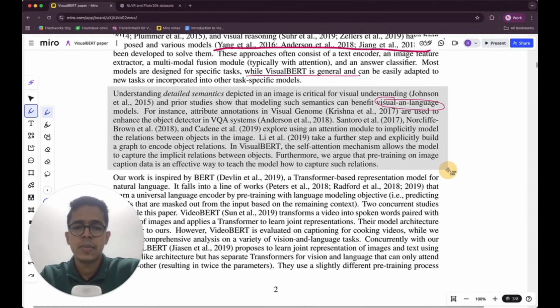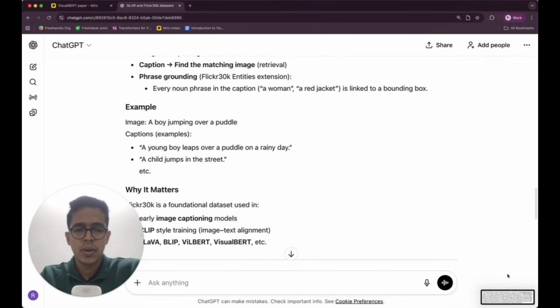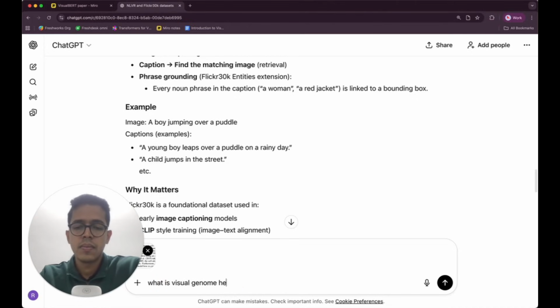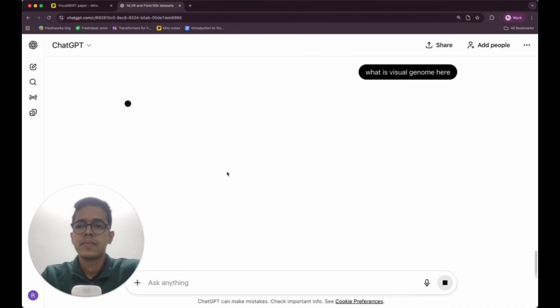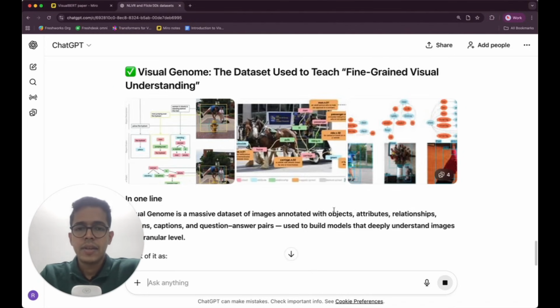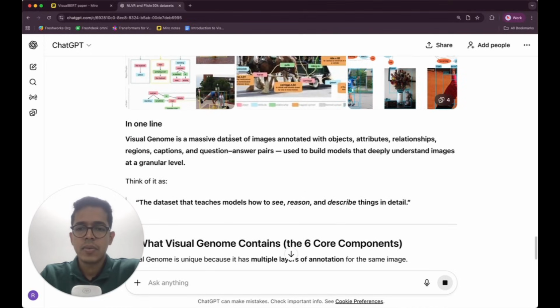I just want to ask ChatGPT, what is visual genome here? Visual genome is a massive dataset of images annotated with objects, attributes, relationships, regions, captions, and question-answer pairs used to build models that deeply understand images at a granular level.